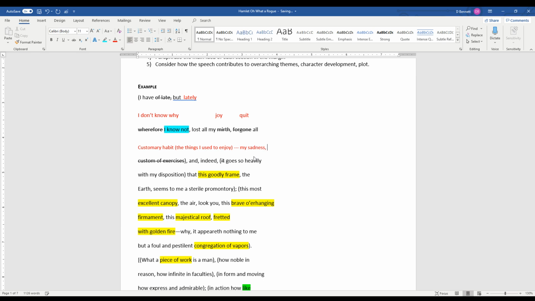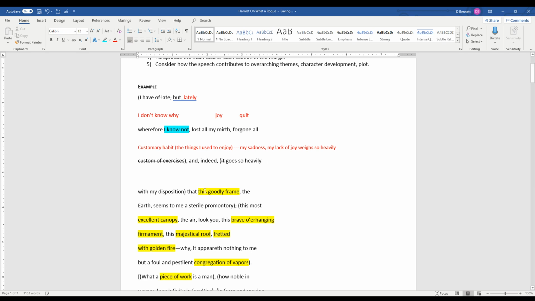His sadness, his lack of joy. And we might say instead of goes so heavily, we still use the phrase weighs so heavily. And again, I'm going to say my lack of joy weighs so heavily with my disposition. Your disposition is your attitude or your feelings, your behavior.